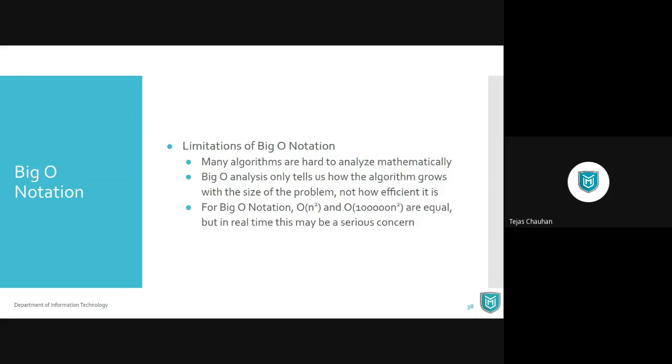Okay, let me again speak this statement. Big O notation is the upper bound, and it is only focused on the growth rate. Now, when you say growth rate, it depends on the input n.